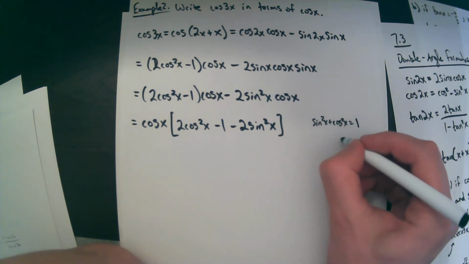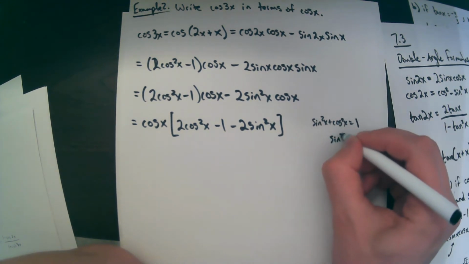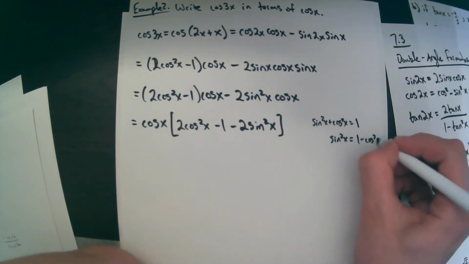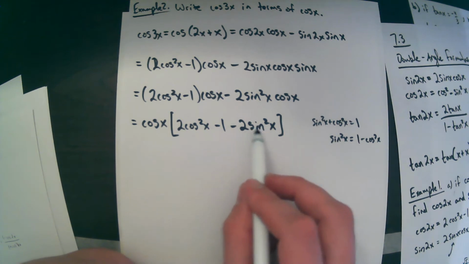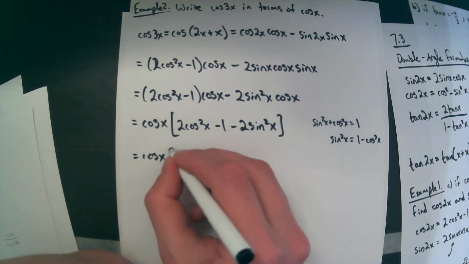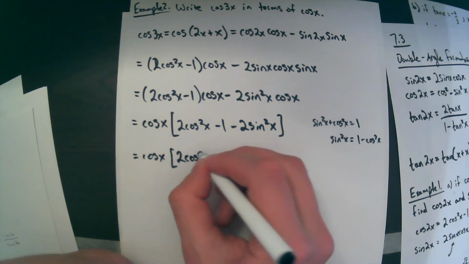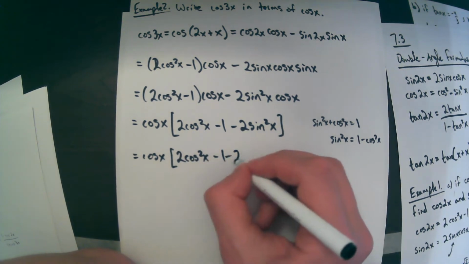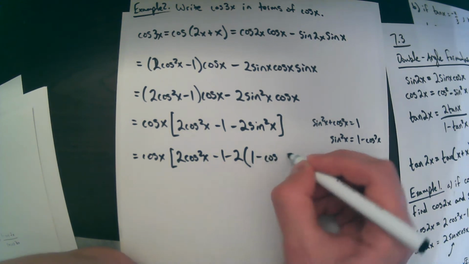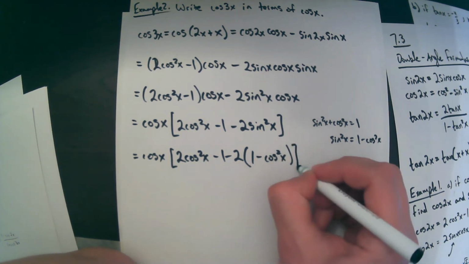So sine squared x is equal to 1 minus cosine squared x. So I can replace that. So I'll have cosine x times 2 cosine squared x minus 1 minus 2 times 1 minus cosine squared x.